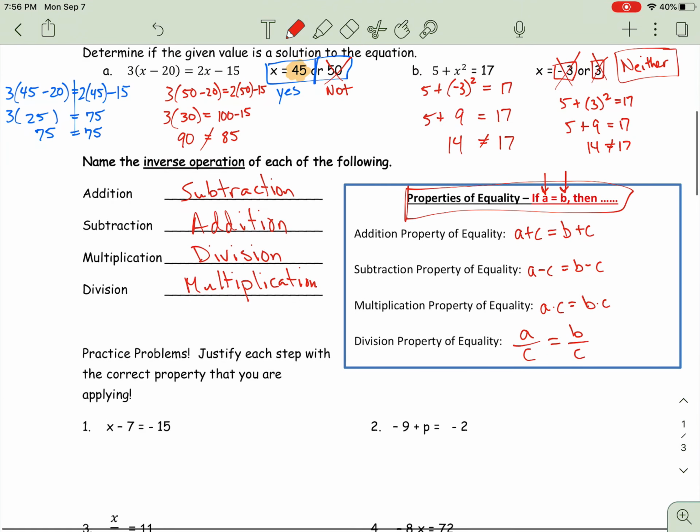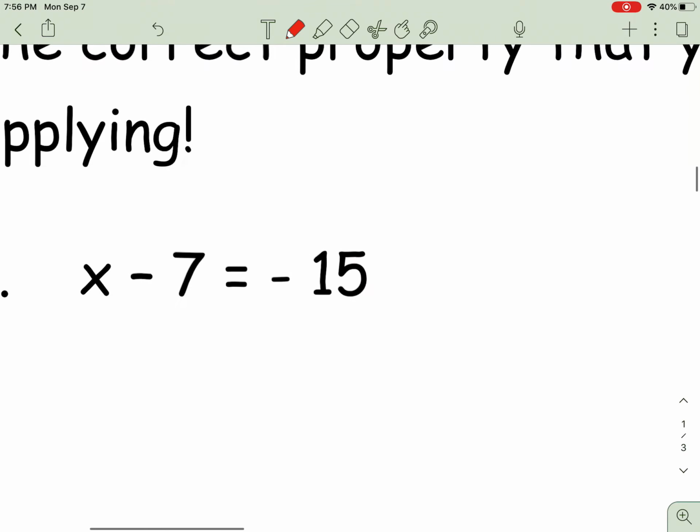Okay? All right, so let's go through some practice problems, and we're going to justify each step with the correct property that you're applying. So if we add to both sides, we're going to use the addition property, right? Depends on what we're doing. So number one, first thing we want to do is we want to get x by itself. There's this -7 over there with it, so we're going to do the inverse operation. You can draw a line down through if you want to organize your thoughts.